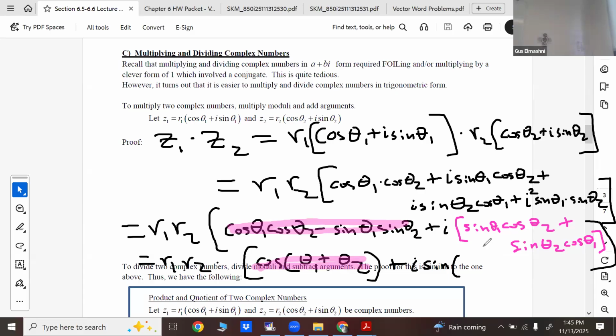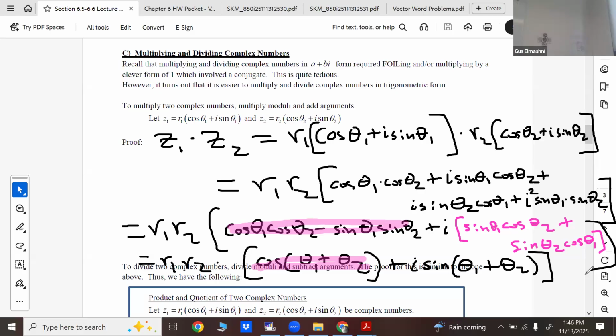There's a plus in the middle. That's a plus also. Remember, the cosine's always the opposite because it has that minus-plus part in the formula. So that's the proof.